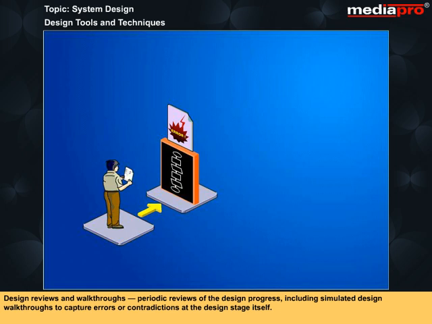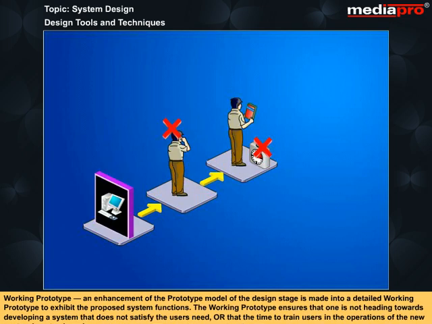Design reviews and walkthroughs. Periodic reviews of the design progress, including simulated design walkthroughs to capture errors or contradictions at the design stage itself. Working prototype. An enhancement of the prototype model of the design stage is made into a detailed working prototype to exhibit the proposed system functions.